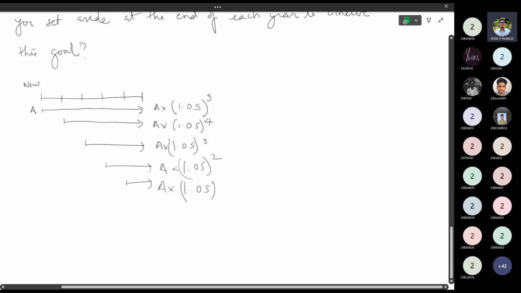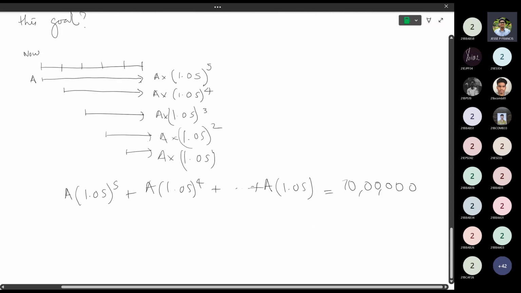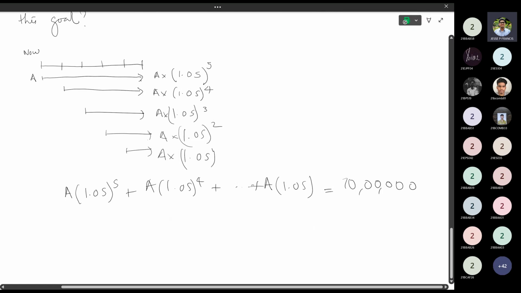So now we know that A into 1.05 to the power 5 plus A into 1.05 to the power 4 plus etc. plus A into 1.05 is equal to 10 lakh. Now, can you do the math? Notice one thing.